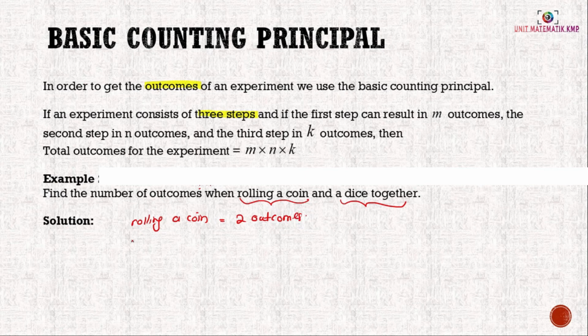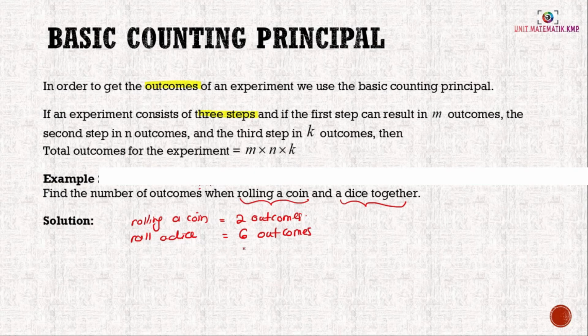Okay, so when we roll a dice, kita akan ada 6 outcomes sebab dia ada numbers daripada 1 sampai 6. Jadi the total outcomes adalah kita akan darab dua-dua outcomes ni.